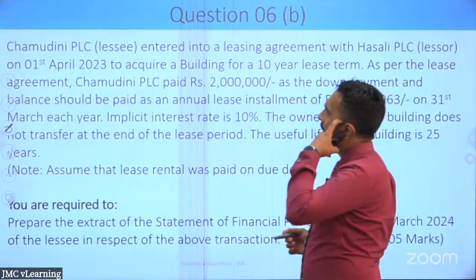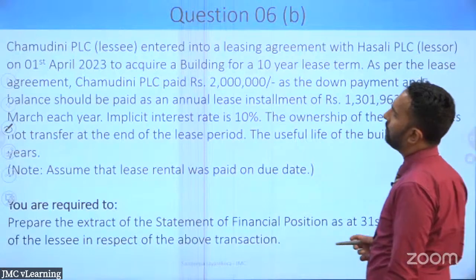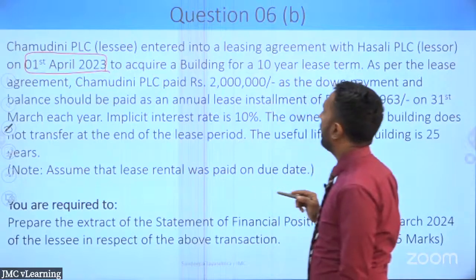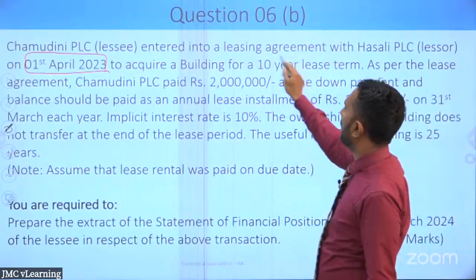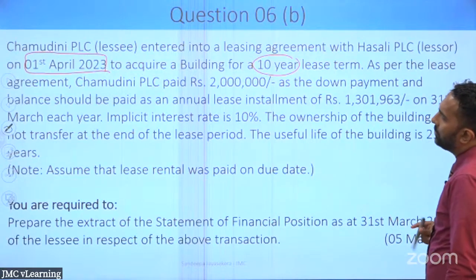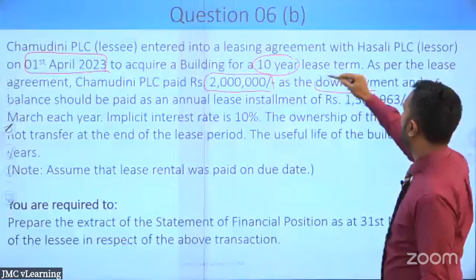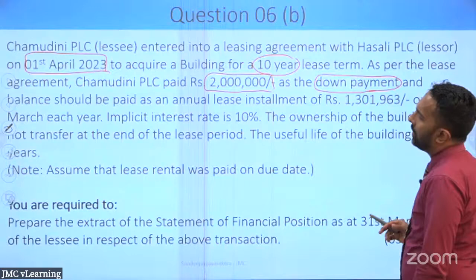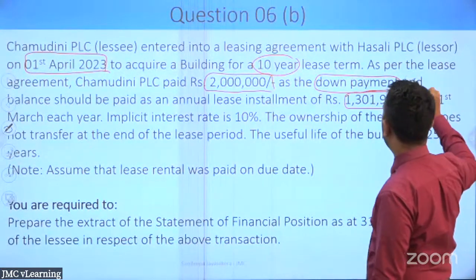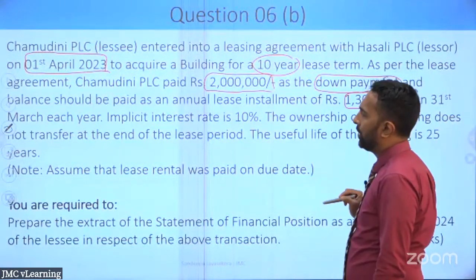Chamudini PLC entered into a leasing agreement with Hasali PLC on 1st of April 2023 to acquire a building for a 10-year lease term. As per the lease agreement, Chamudini PLC paid 2 million as the down payment. The balance should be paid as an annual lease installment of 1,301,963 on 31st of March each year.